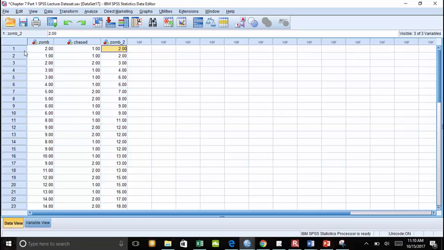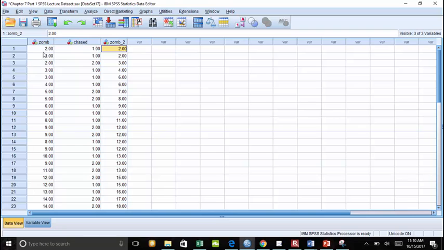So person 1, the first time they took the zombie measure, they got a 2. They didn't have a lot of positive feelings towards zombies. And the second time they took it, they got a 2. Remember, we're going to be using difference scores. 2 minus 2 is 0, meaning in this case, that sensitivity training workshop didn't change their opinions on zombies at all.